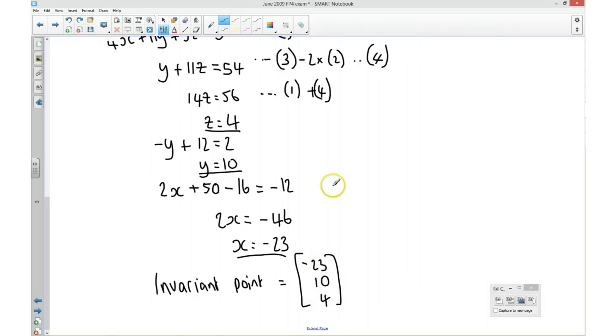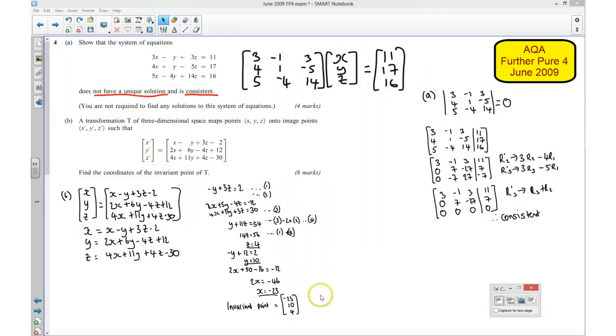Okay, I'm just going to tidy this up. Right, so what we're saying is that if I carry out this transformation here on this point here, then that point would end up back where it started, and that's actually the only point that would be the case for. So let's just check on the first one.